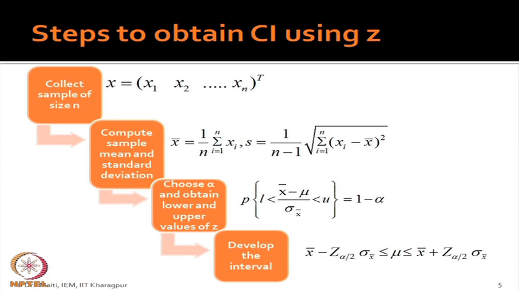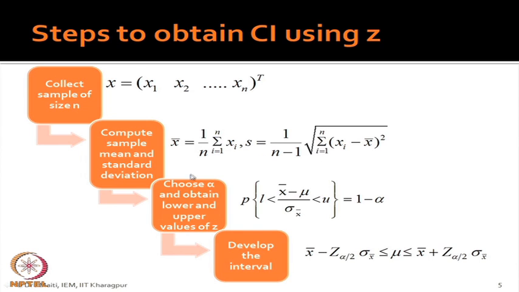Let us see here in what way you can calculate the confidence interval. You see what we have said. First you collect data, then find out the statistic you want to compute, that is, the estimate of population mean is x bar, and the estimate of population standard deviation is s.